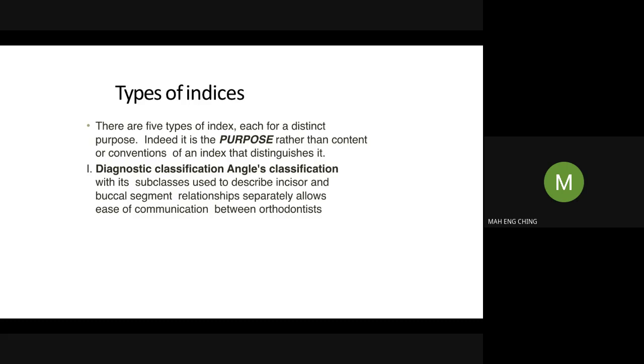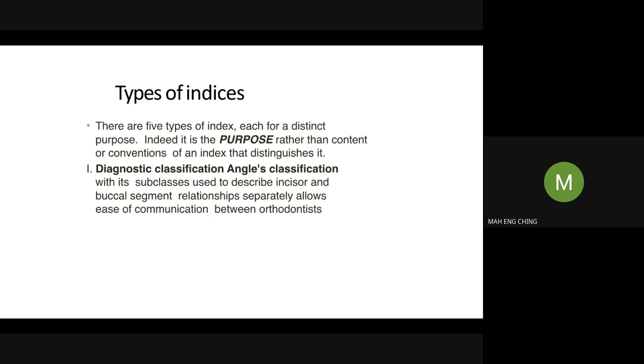So what are the types of indices used in orthodontics? There are 5 types of index, each with a distinct purpose. And indeed it is the purpose, rather than the content or conventions of the index, that distinguishes it. For example, if you want to assess malocclusion or complexity of treatment, or the result, you use a different index for each purpose.